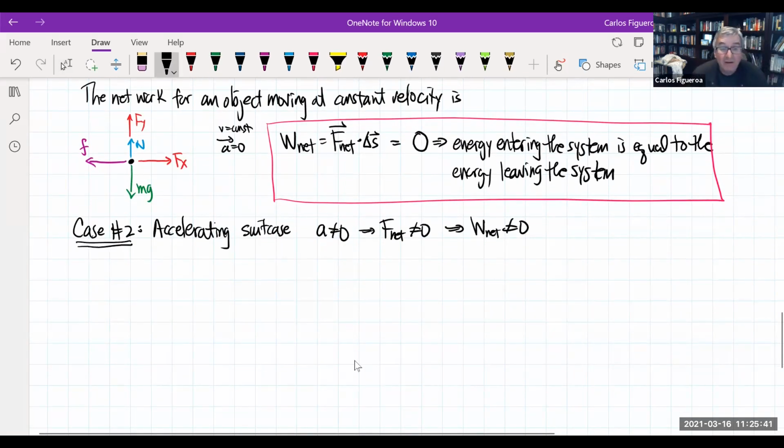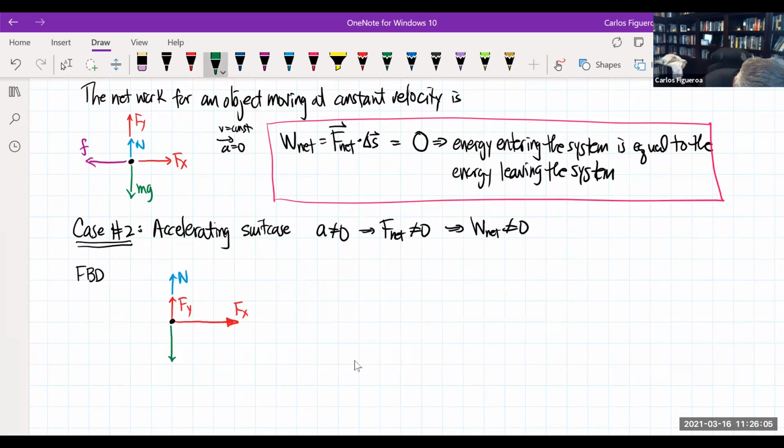If we start off with the free body diagram of the system, we again assume that the vertical motion is fixed. So the normal, mg, and F of y component must balance. However, there must be an unbalanced situation between F of x and the friction, which tells us that, of course, we have acceleration.